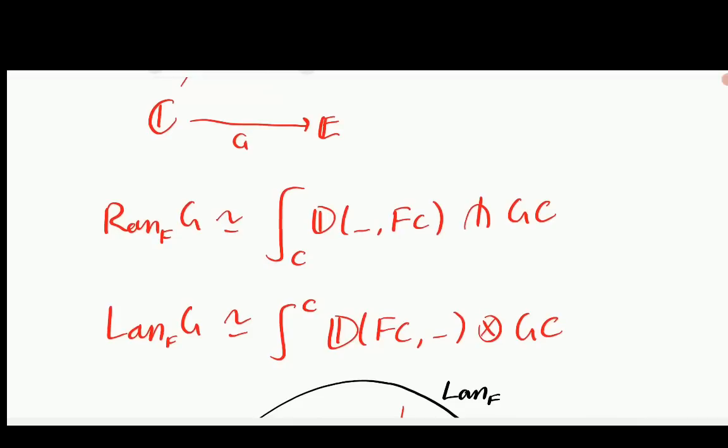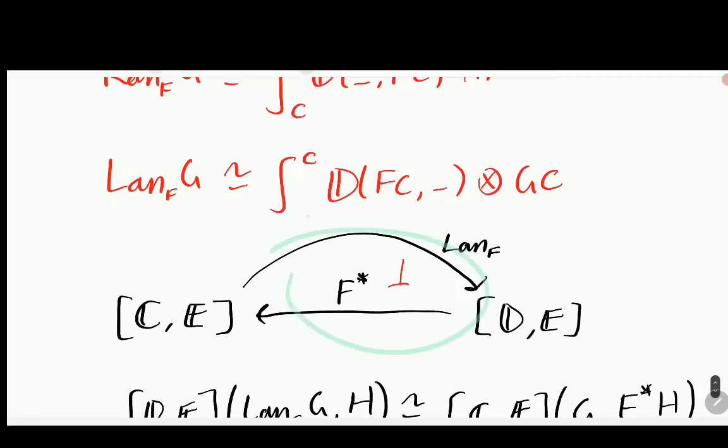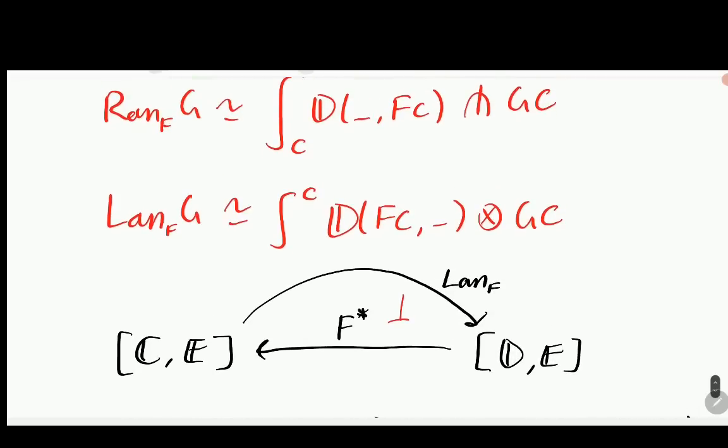So all we have to do is think about what's the definition of left Kan extension. Well, let's think about this result here, which again we covered in the all concepts video. The idea is that when our categories are suitably well behaved, like when E is cocomplete and C and D are suitably small, we're going to have this adjunction here.